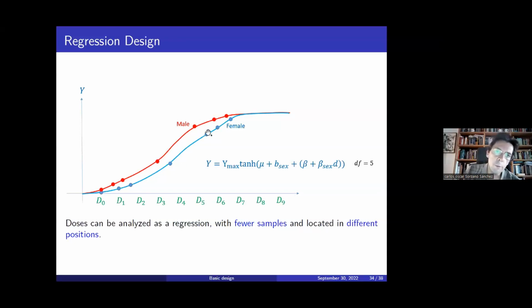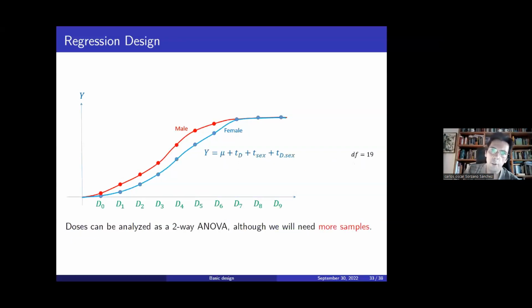Then I may distribute my samples, my doses, in such a way that I get the maximum information from the samples I will take. So the experimental design not only affects how many animals you have, but also how you should distribute your doses.